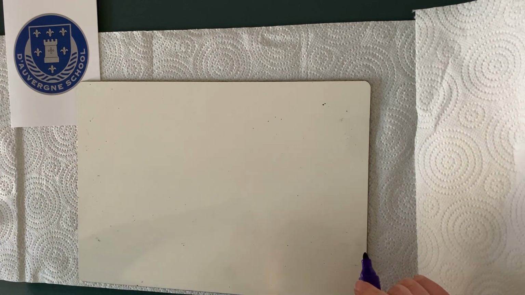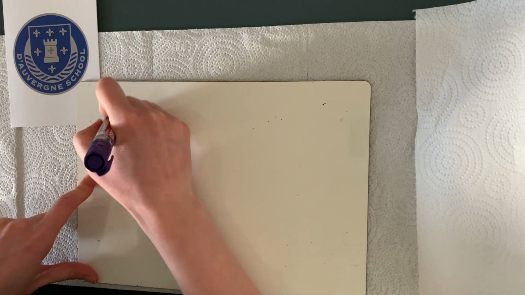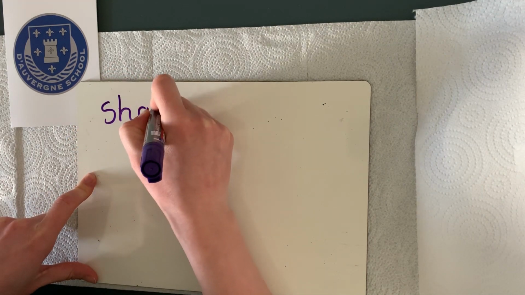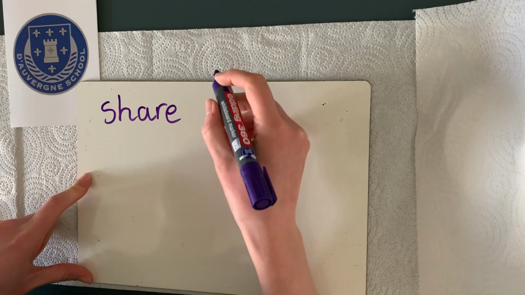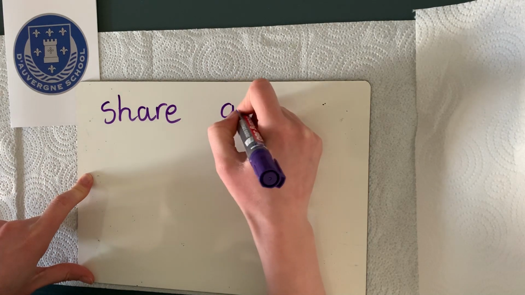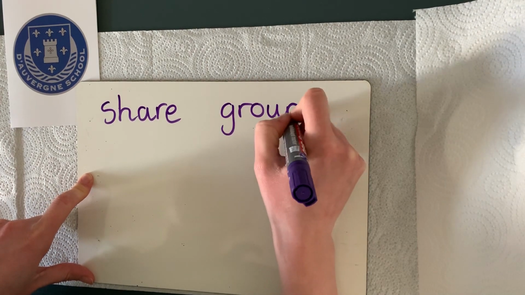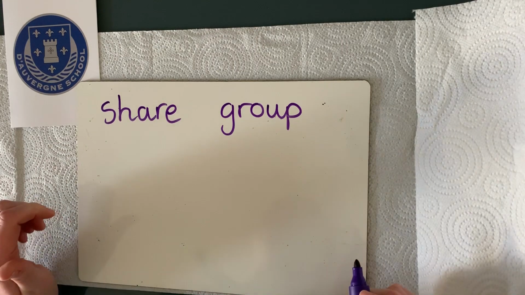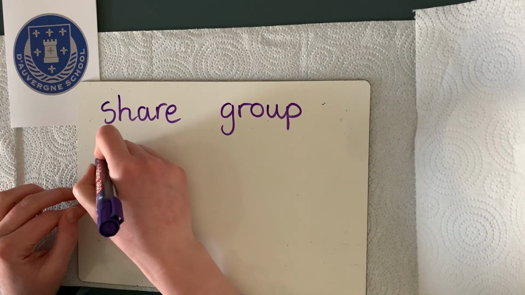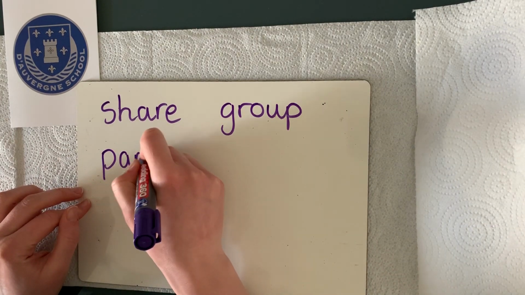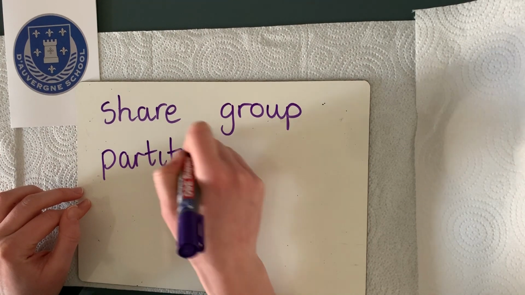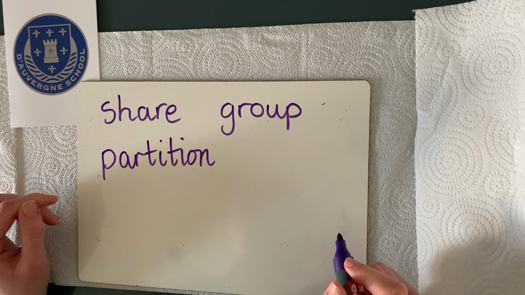See if you came up with any of these ones. We can share out our number. We can also group our dividing number. We can partition our number to make it simpler.